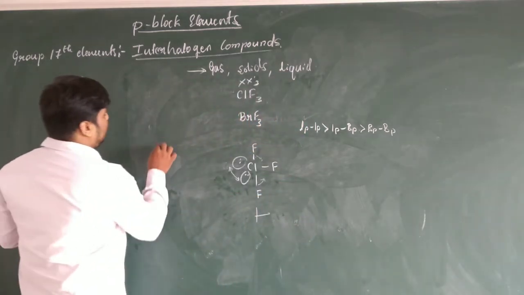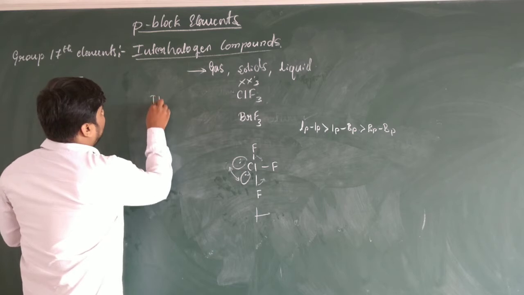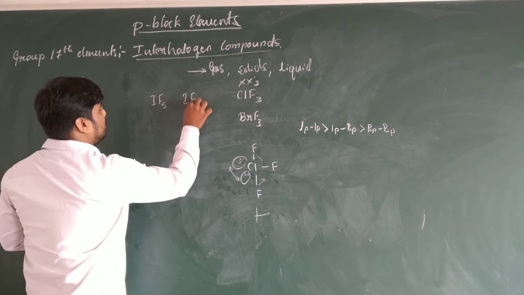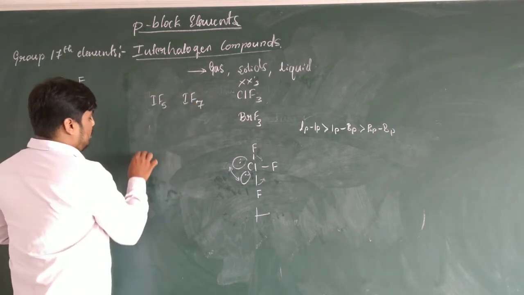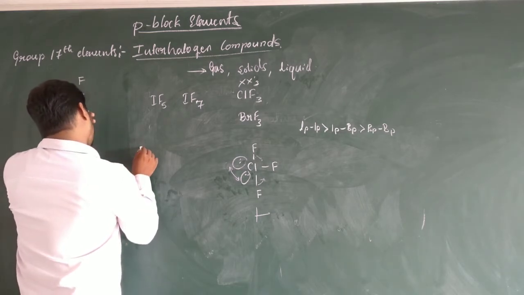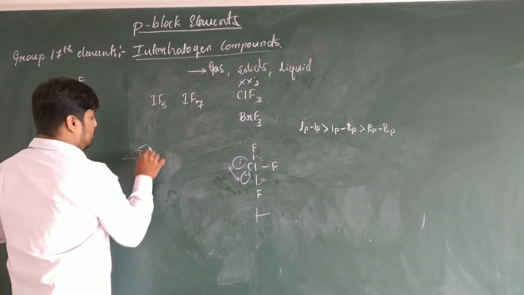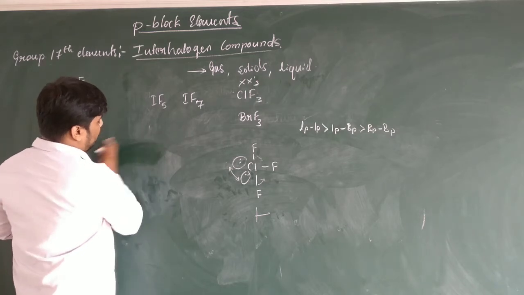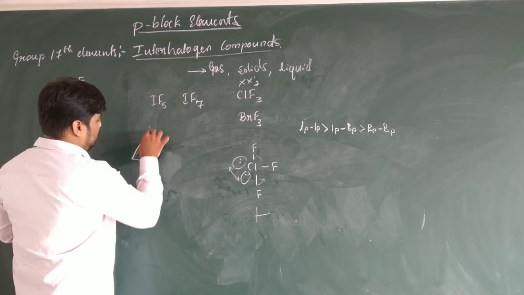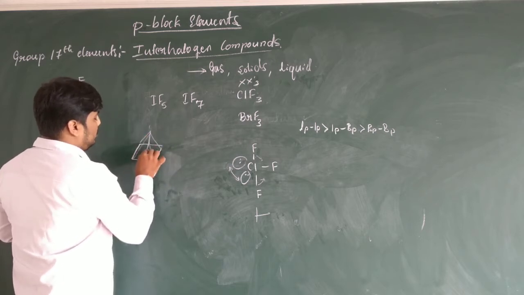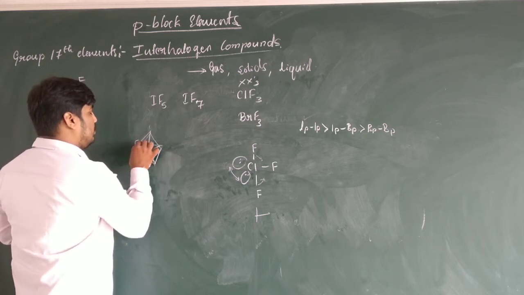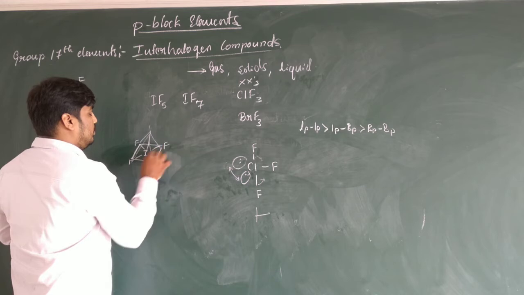In the case of IF5, and I'm considering IF7 also, the central atom is iodine. It should be square pyramidal, but it is not a complete square pyramid because of the lone pair.